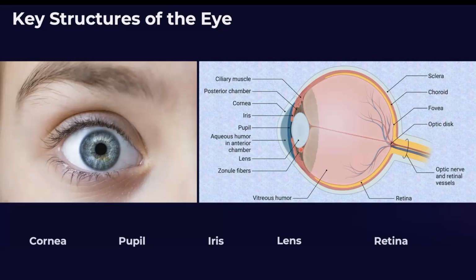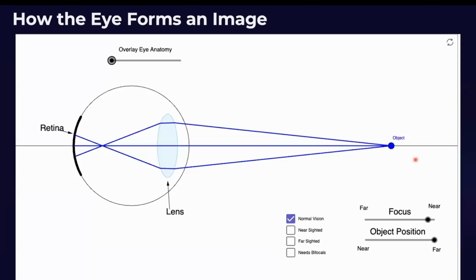And the most important part is the retina. The retina is light-sensitive tissue lining the back of the eye that converts images into electric signals, which are then sent to the brain via the optic nerve to be interpreted as vision. Therefore, all these parts and components of the eye work synergistically to create the image of an object.